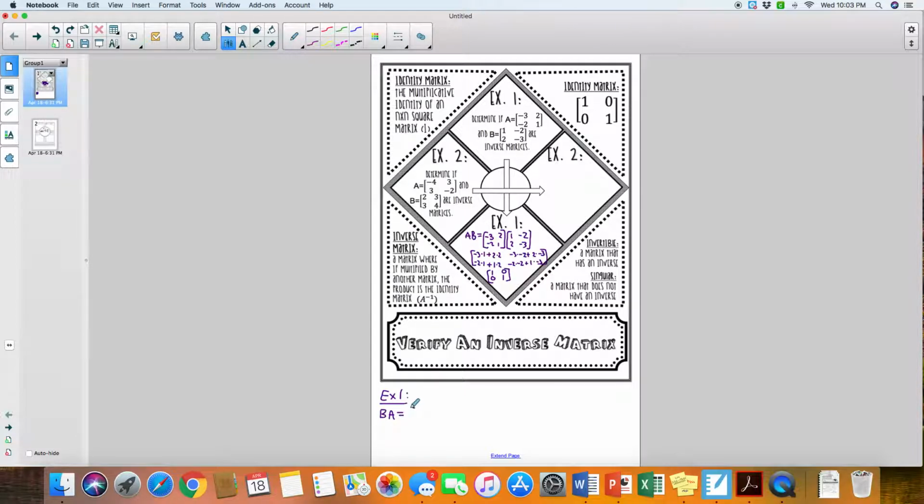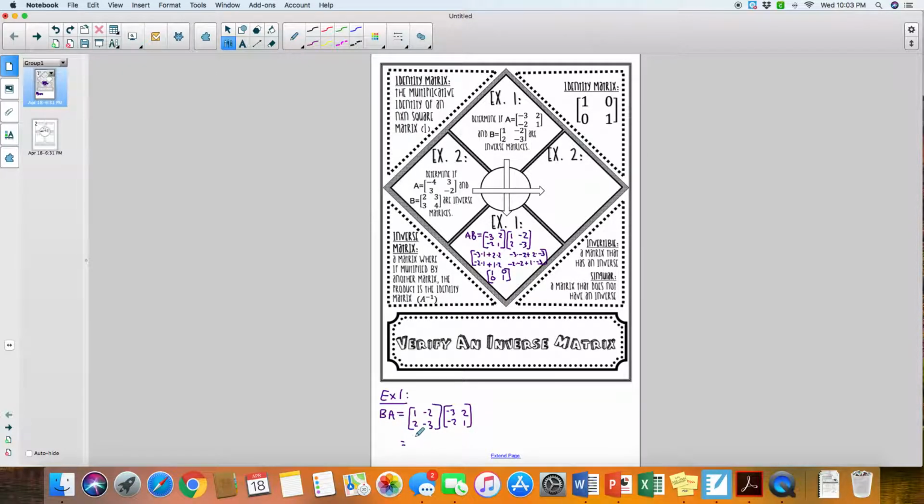All right, so now I'm going to do B times A. So I'm going to put B in the front this time. So now I'm going to have 1, negative 2, 2, negative 3, times negative 3, 2, negative 2, 1.